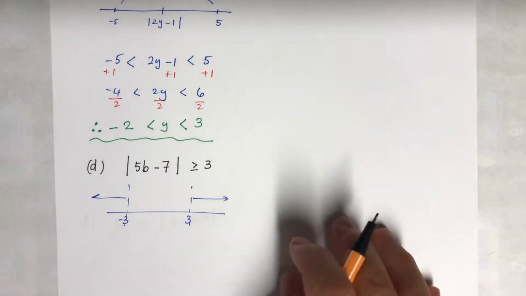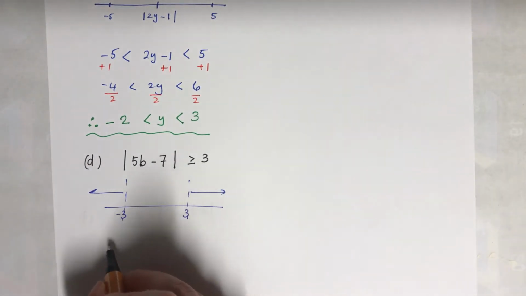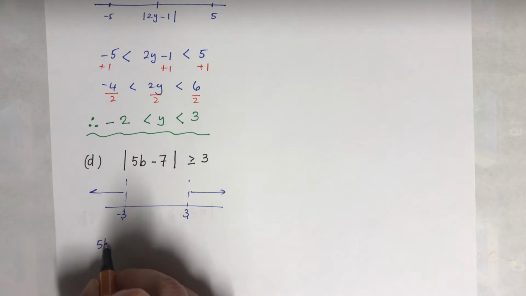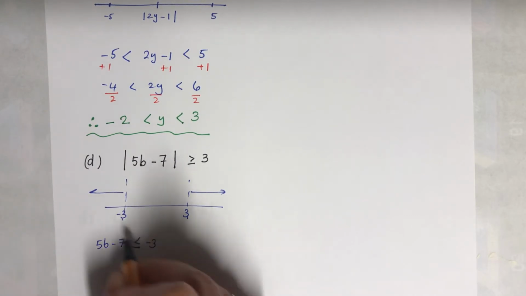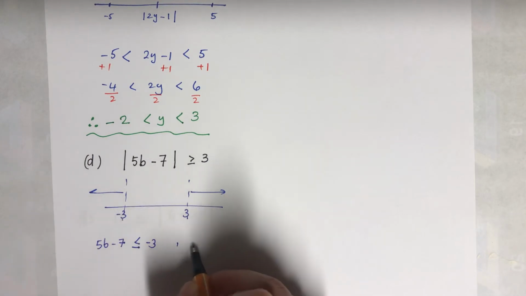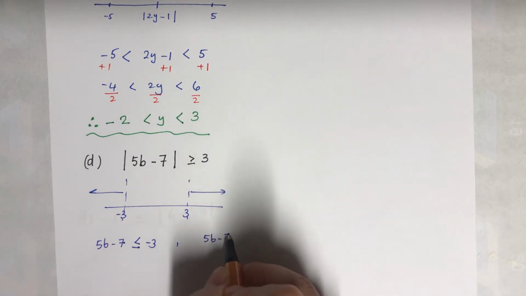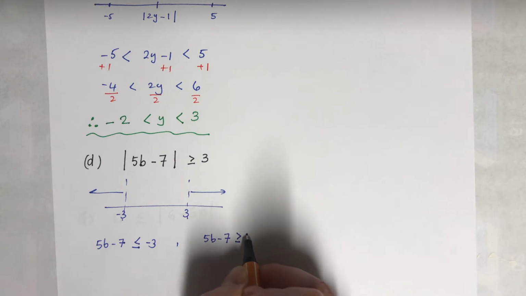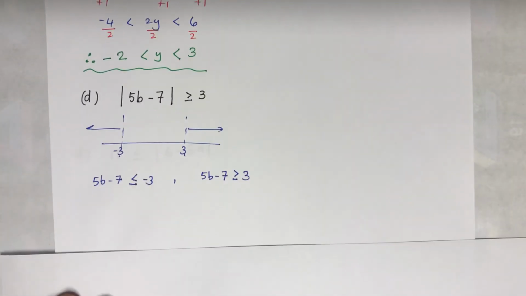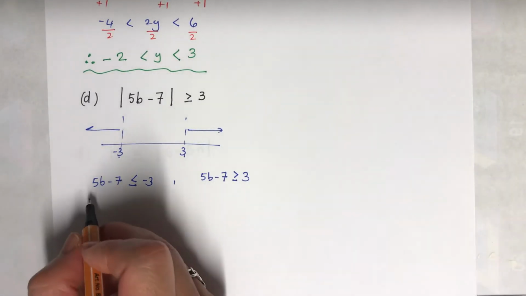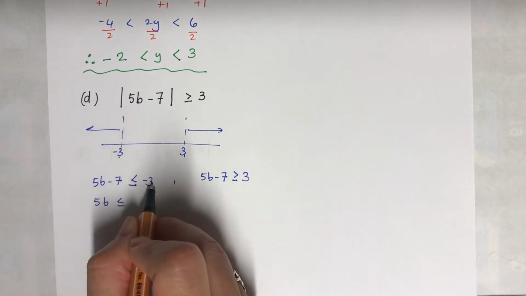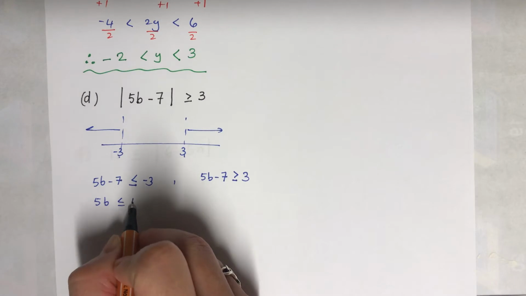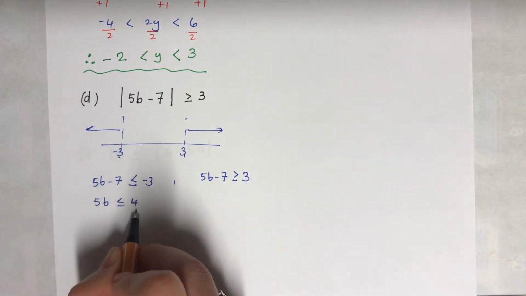I've got 2 things to think about, 2 conditions: 5b minus 7 is less than or equal to minus 3, this part, or 5b minus 7 is bigger than or equal to 3. So I need to work on that. I'm going to do this first. Plus 7, plus 7, I'll get 4. And divided by 5, divided by 5.